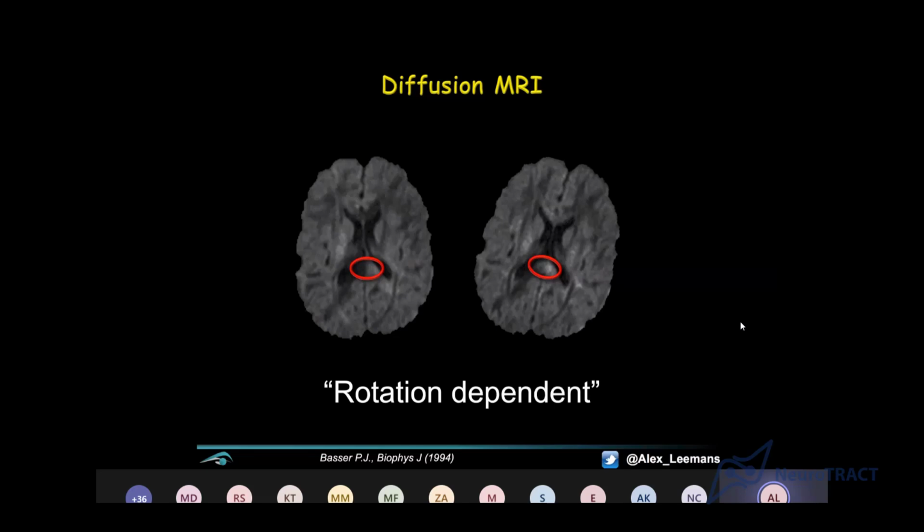If I take it to the extreme and rotate 90 degrees, in the scanner reference frame my fiber structure is now oriented front-back. So the diffusion that was left-right is now front-back. But if the gradient stays the same, you'll get a different contrast. This is also crucial to understand, meaning your diffusion is rotation dependent.